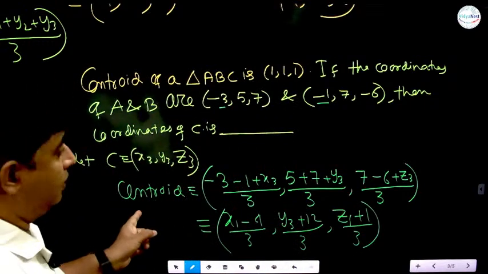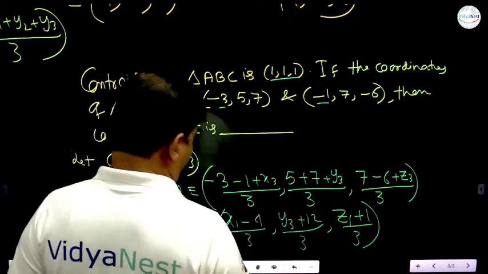This is the centroid, and in the question it is given as (1, 1, 1).